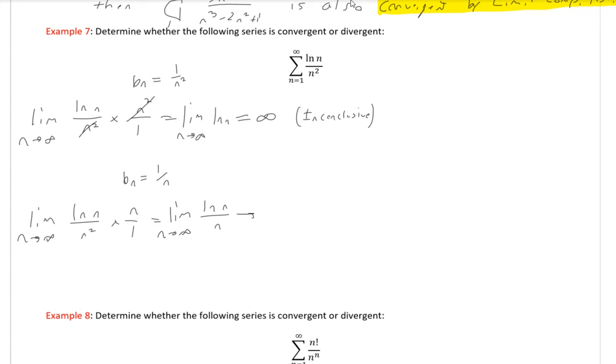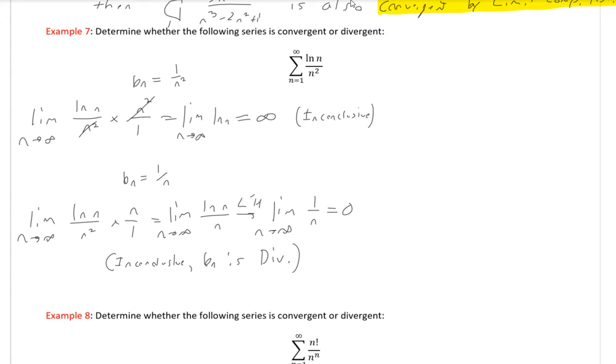If you do L'Hopital's on this, you get the limit as n approaches infinity of 1 over n, which is 0. And this one is also inconclusive, specifically because b sub n is divergent. If we get a limit equal to 0, and the one we compared to was convergent, then we're fine. But if we got a limit equal to 0 and it's divergent, then it's not good. So far it's not working.